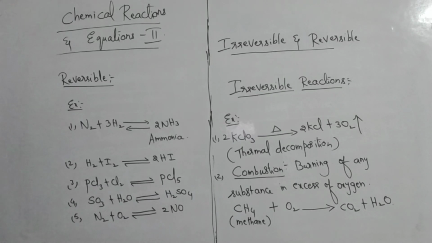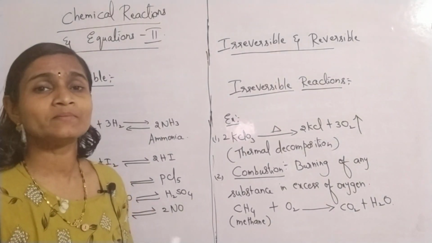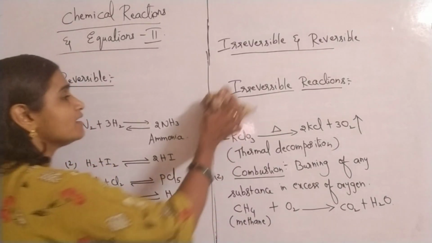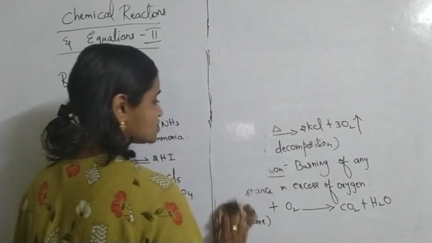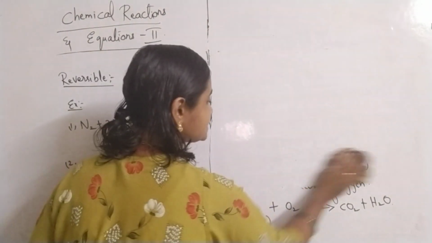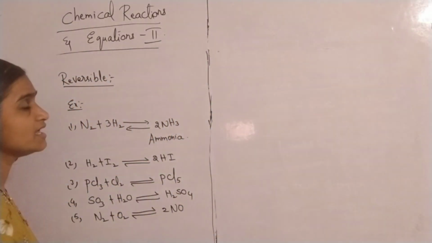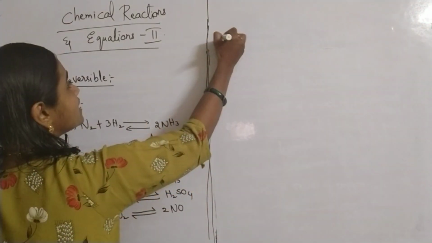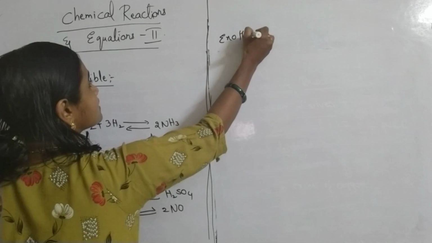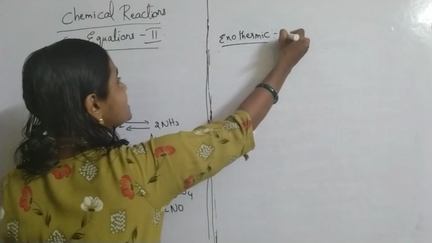Next, the set of reactions we have to learn about are exothermic and endothermic reactions. Exothermic reactions are the reactions in which heat energy is released. Exothermic means release of heat energy.